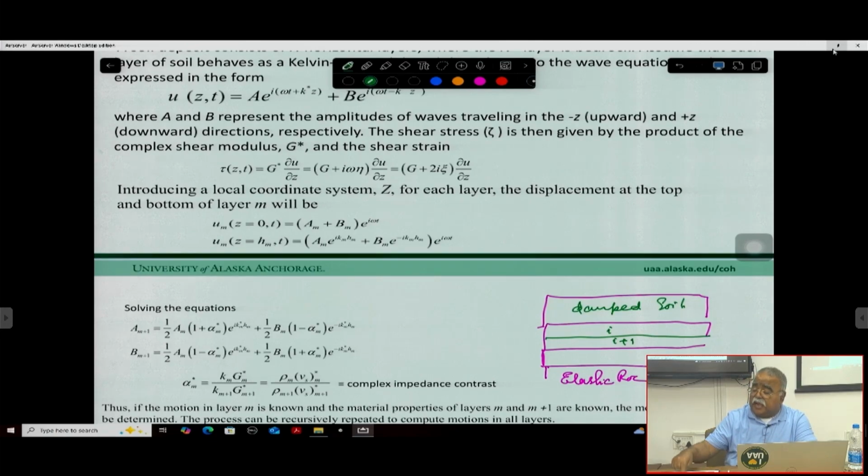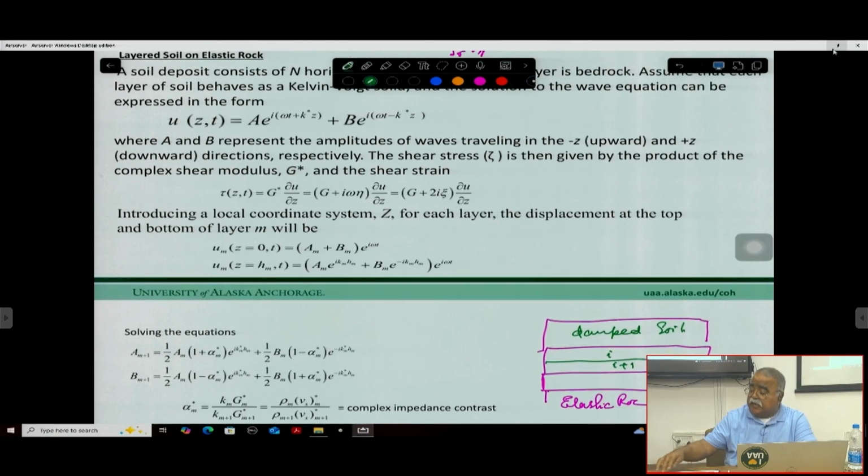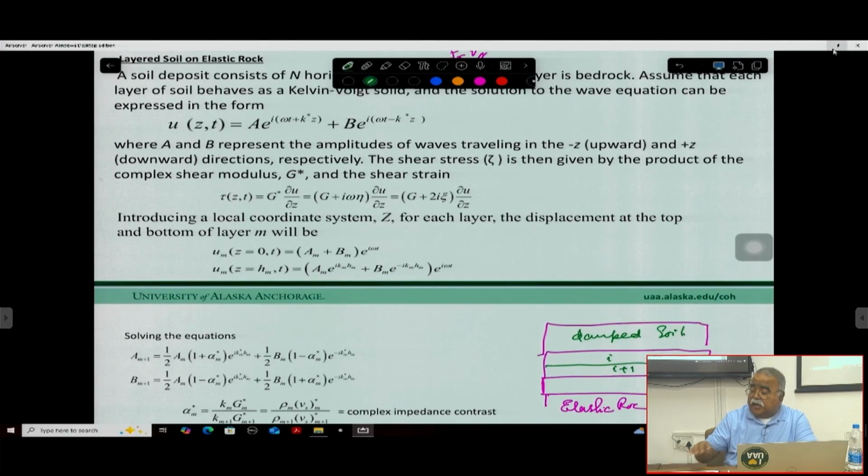That's the case, and in that case, for each layer, we can calculate the UJT, right? So that UJT, you can calculate for this one, so A into this one and B into this one, and then we can calculate the tau at J into T, and then also the displacement at each boundary, right?